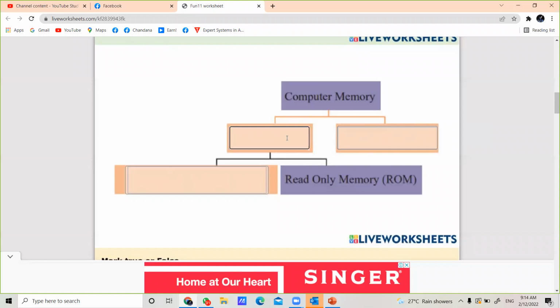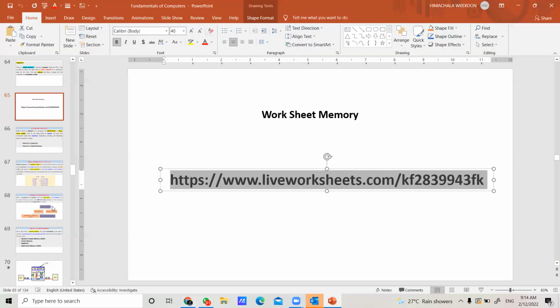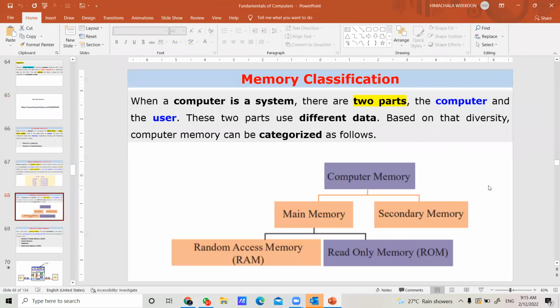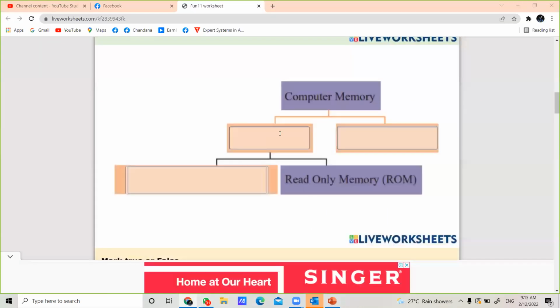Computer memory is divided into mainly two parts. Right. I think you can remember it: main memory and secondary memory. Right. Main memory. Then you fill out here. Another name for main memory is primary memory.